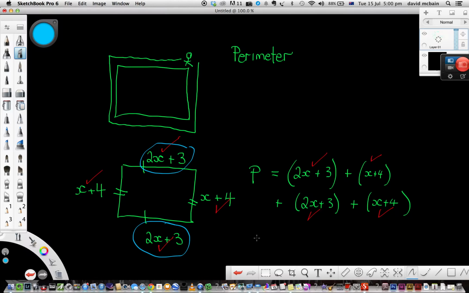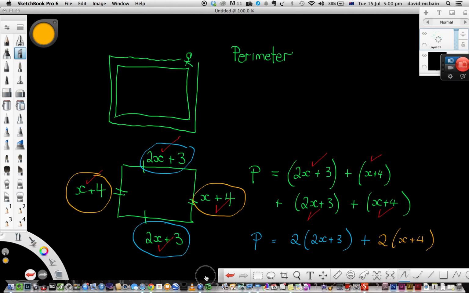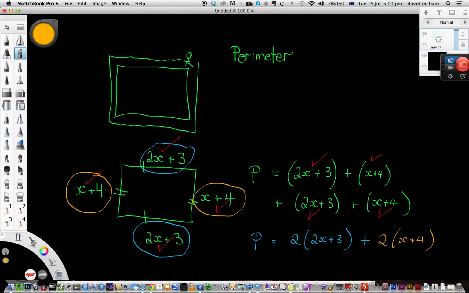So a quicker way of writing the perimeter would have been: the perimeter equals 2 lots of (2x plus 3), plus, let's change colour, 2 lots of (x plus 4). So that's an expression for the perimeter of this shape.